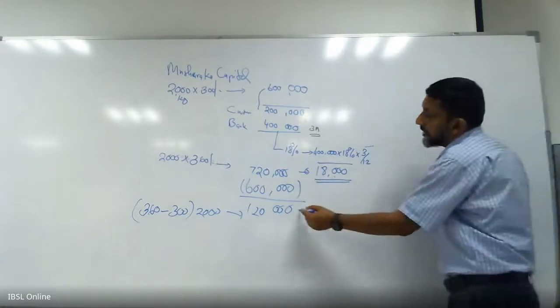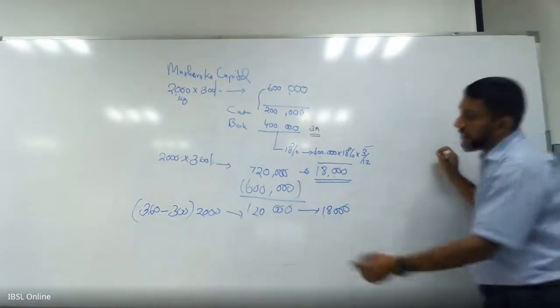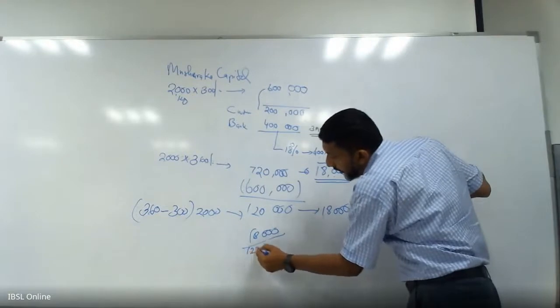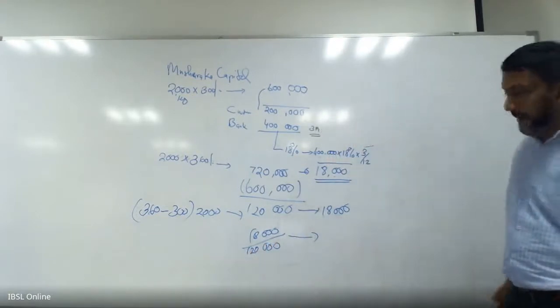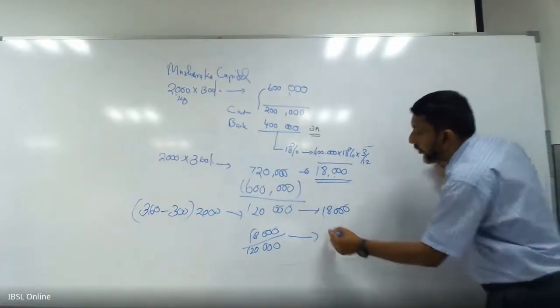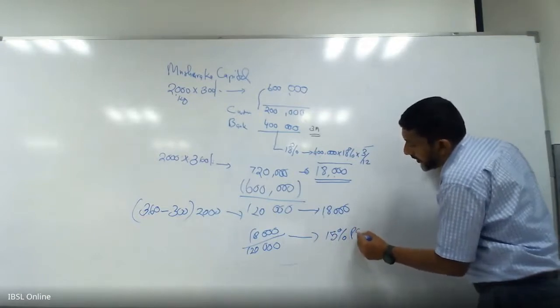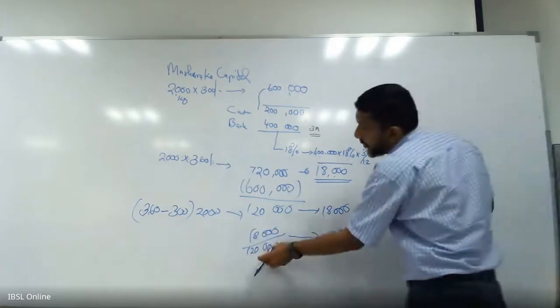Of this, we want 18,000 rupees profit, which means 18,000 divided by 120,000. How much does it work out to? 15%. Yes, right. So 15% is our PSR, meaning 15% of this profit.